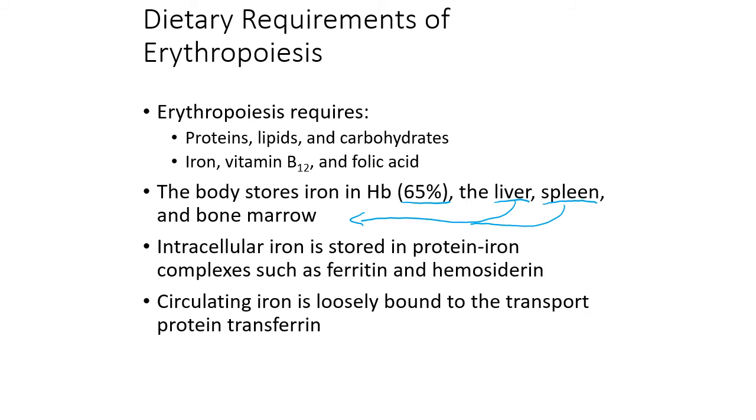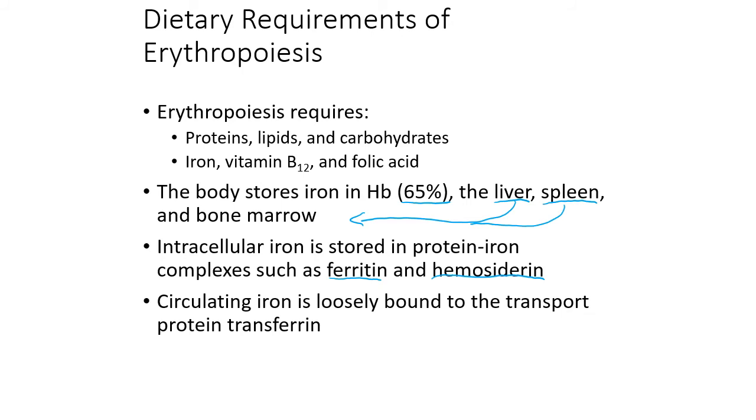A certain amount of that iron, once it's broken down from red blood cells, is going to be stored away, bound up to a protein, known as either ferritin or hemosiderin. These are our protein-bound components of iron itself.